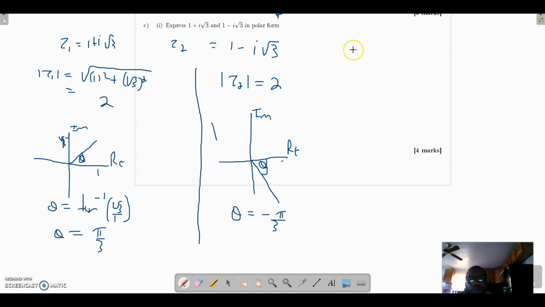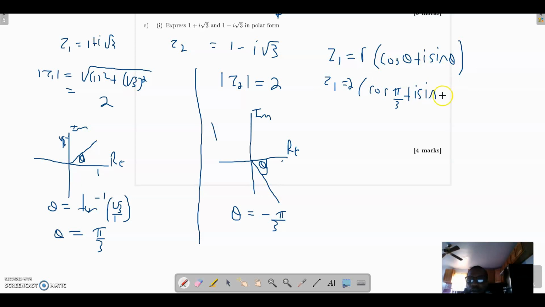Alright, so in polar form, let me just do the general form: Z = R(cos theta + i sin theta). So Z1 would be equal to R, which is 2, open bracket, cos pi over 3 plus i sin pi over 3.